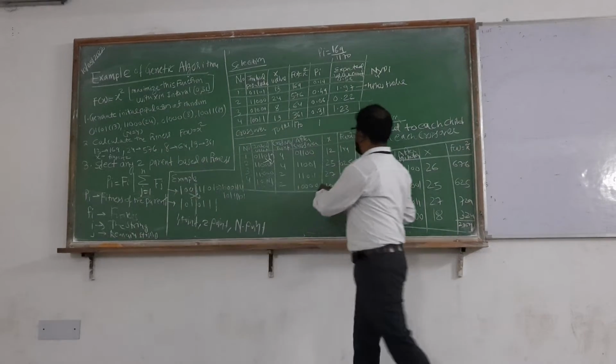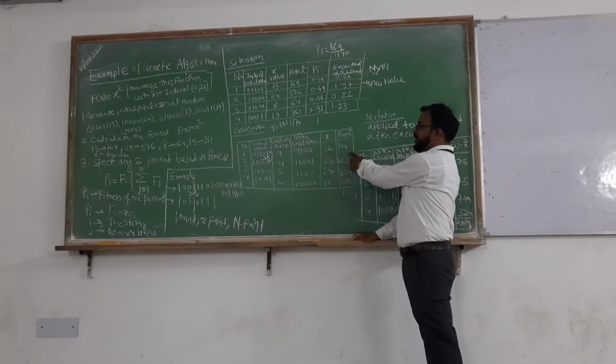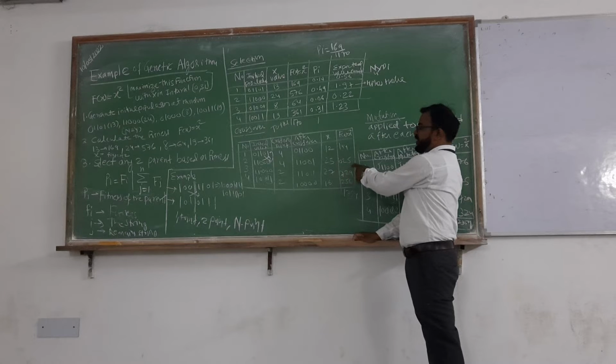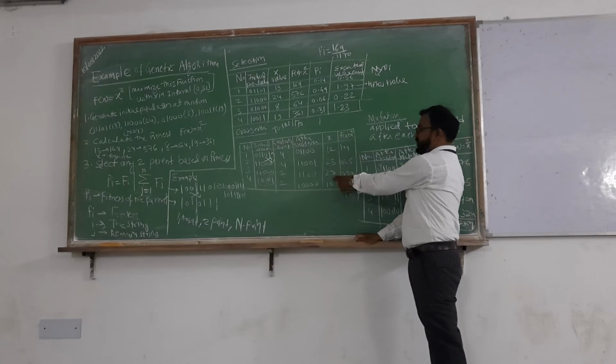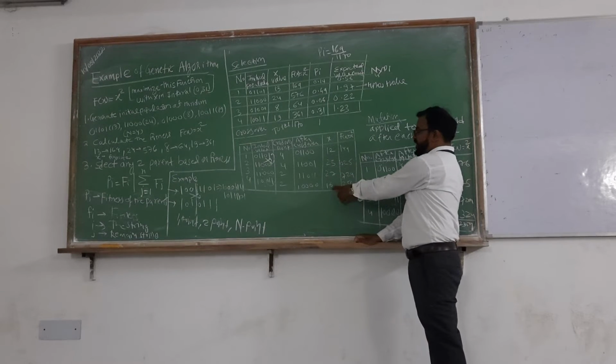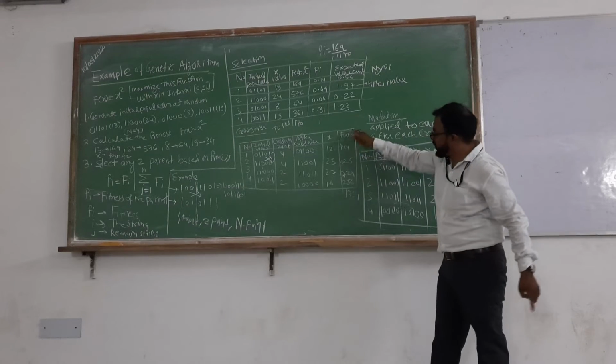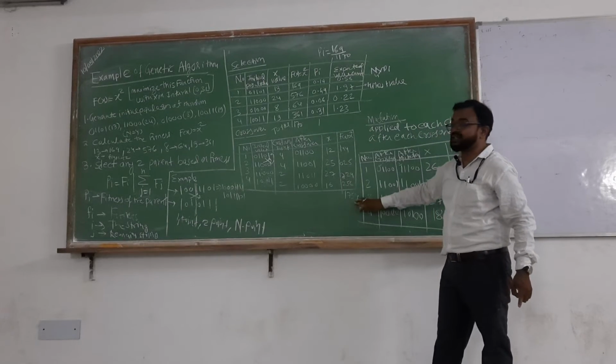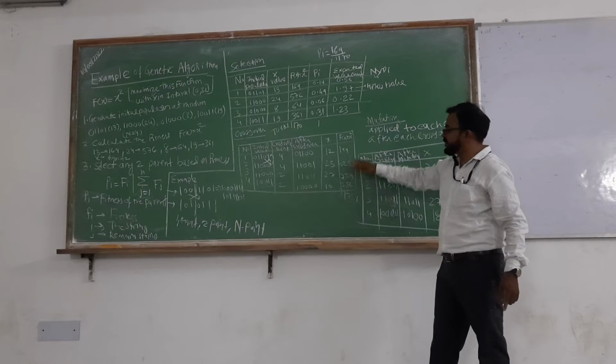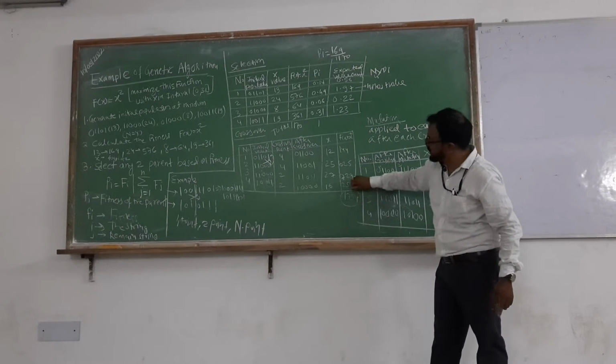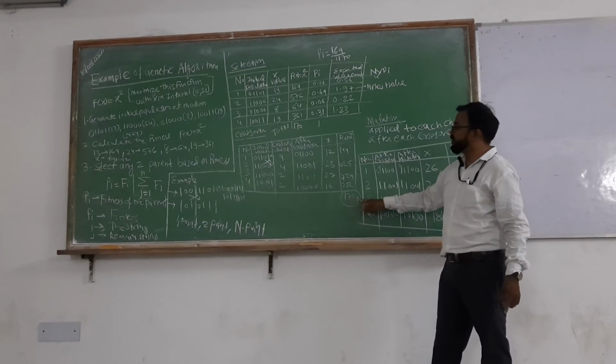So 12 becomes 12 square, 144, 25 square 625, 27 square 729, 16 square 256. Once you perform the addition and summation, you can see that the solution is 1756.